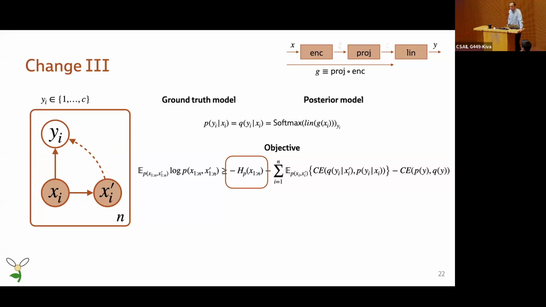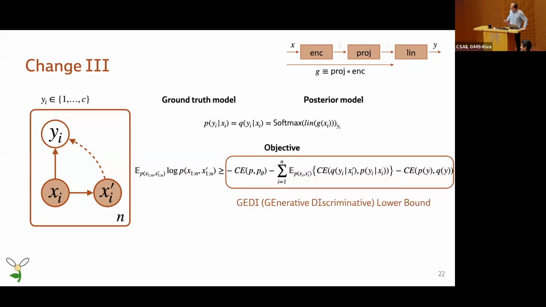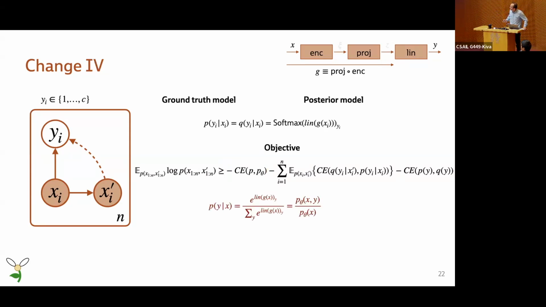Now, the other step that we want to do is to use the generative part. So far, we haven't exploited it. We can leverage the previous trick that I was mentioning, and replace it with a likelihood for the generation. But now we have to specify what this generative model is. We can express our classifier by expanding the softmax, and noting that this conditional density is just a ratio of a joint with respect to a marginal.